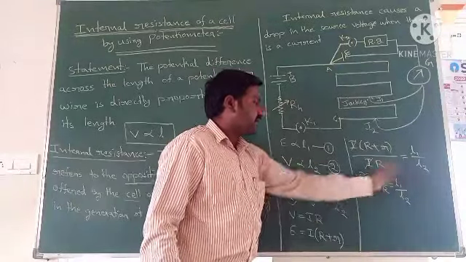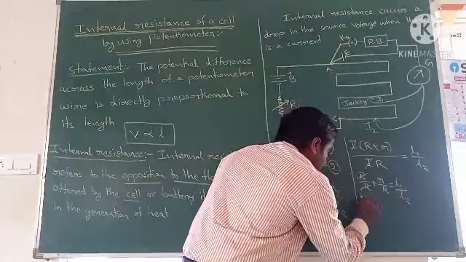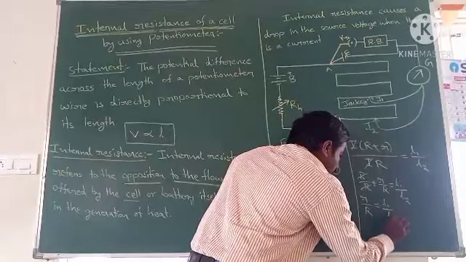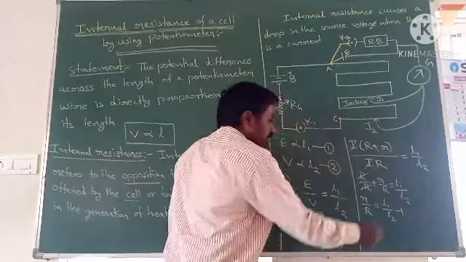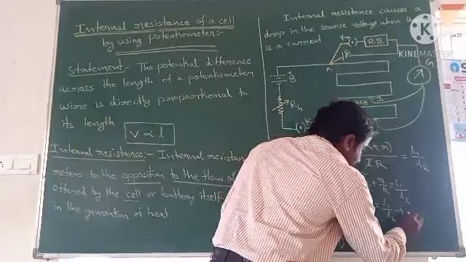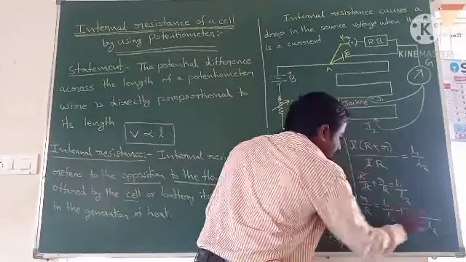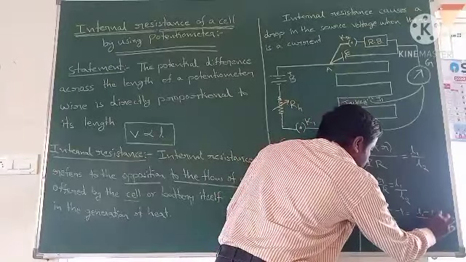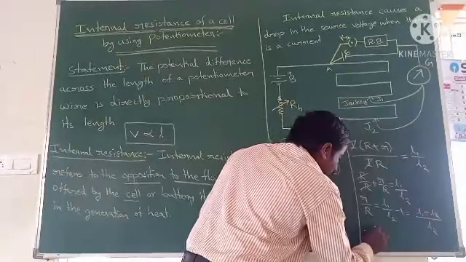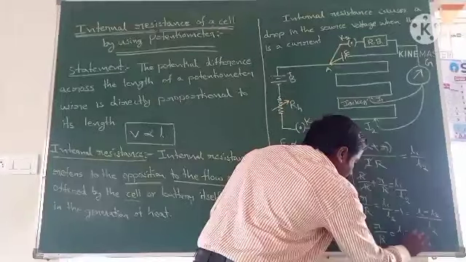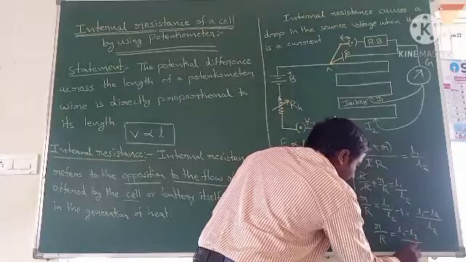Then shifting this one to this side, r by R equals L1 by L2 minus 1. Now take the LCM. What is the LCM here? L2. Therefore r by R equals (L1 minus L2) by L2.